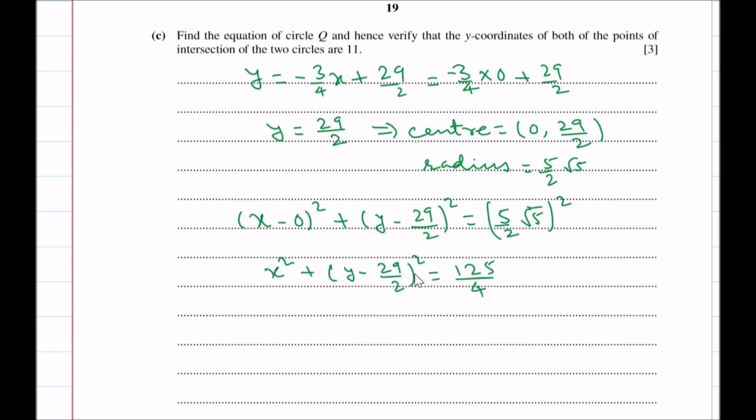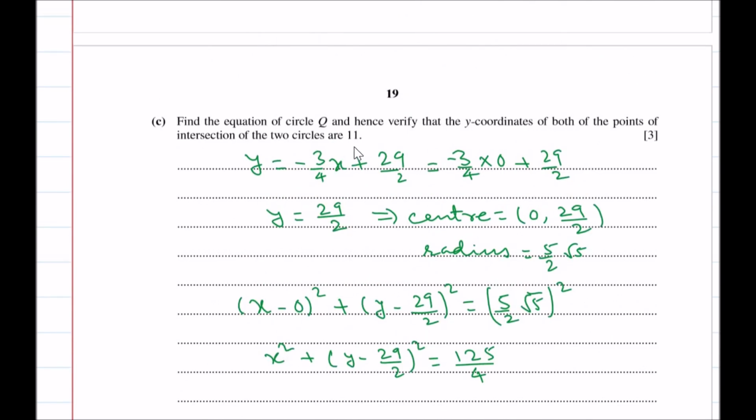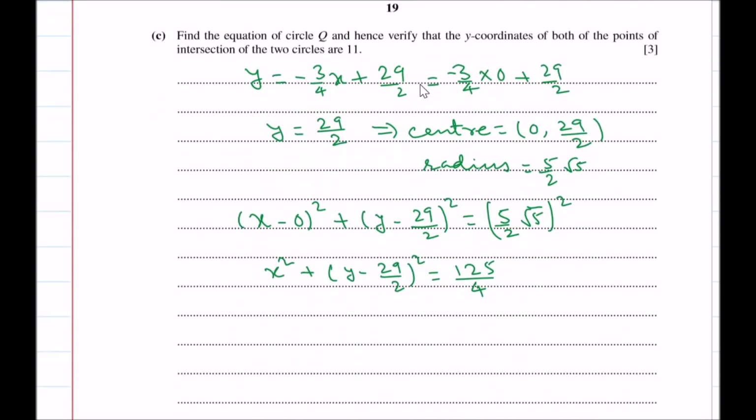Now we have to verify that the y coordinate of the intersection point of the two circles is 11. Okay, so when y equal to 11, let us put y equal to 11 in both the circle equations and check.